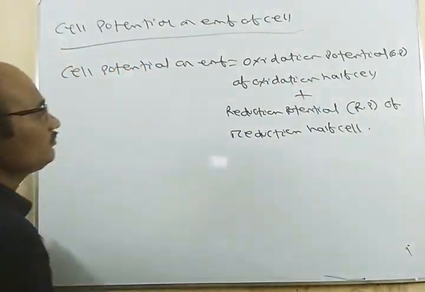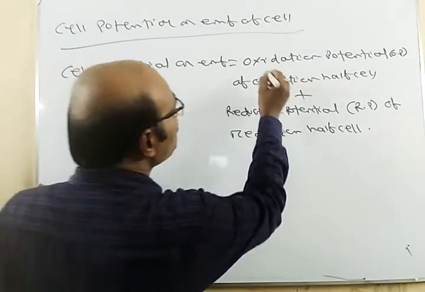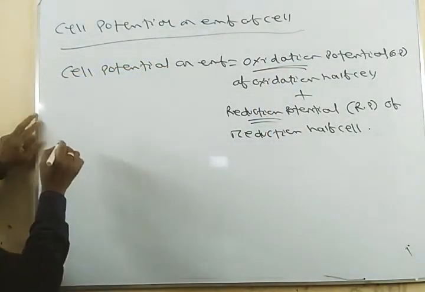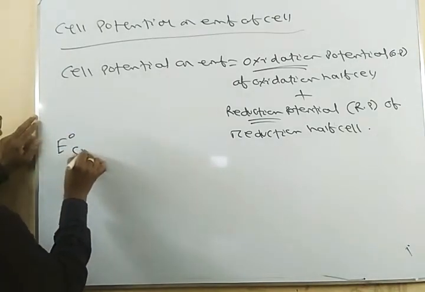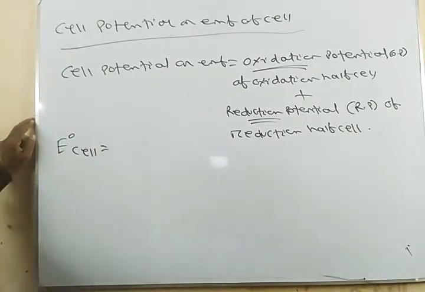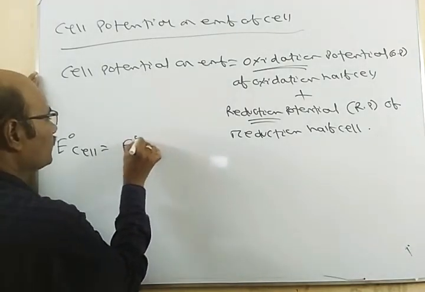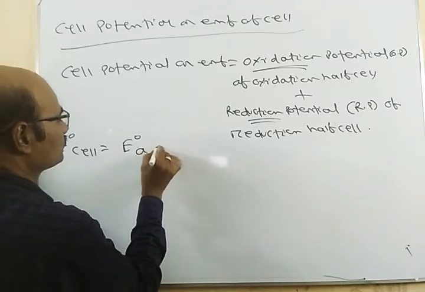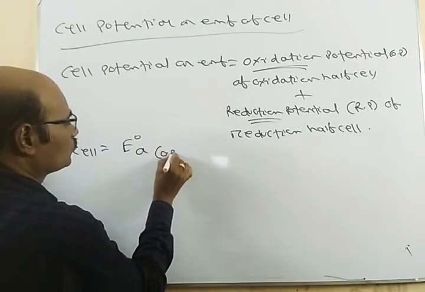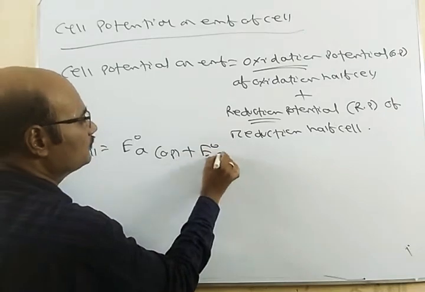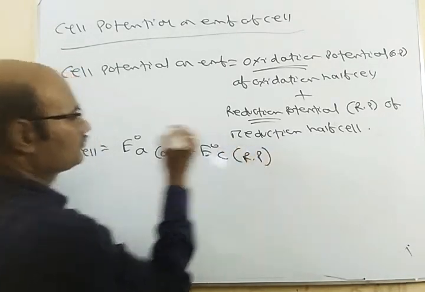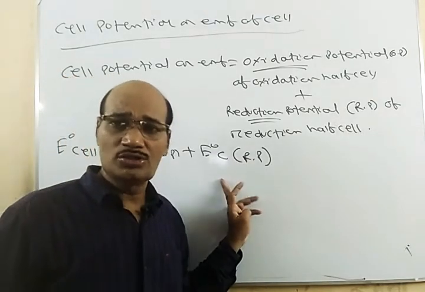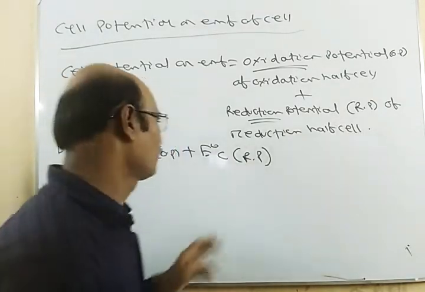Okay, and we know oxidation occurs at the anode, reduction at the cathode. Okay, so E cell is equal to E anode OP plus E cathode RP, because we know reduction takes place at a cathode, oxidation takes place at anode.